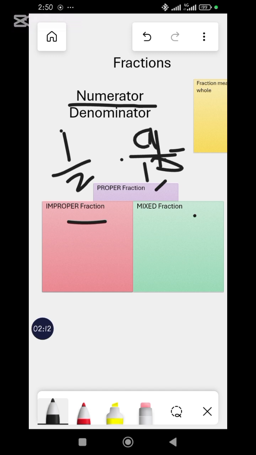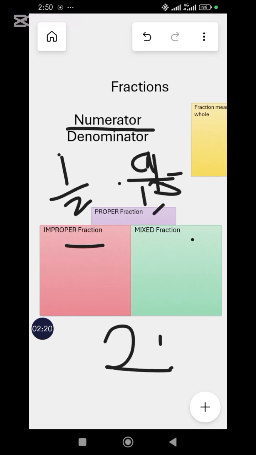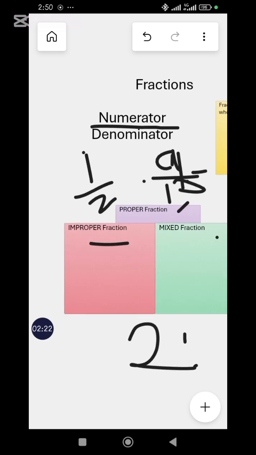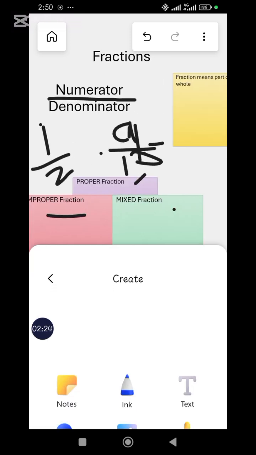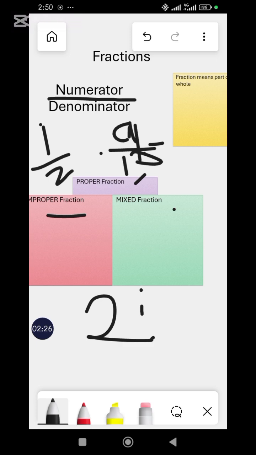So when you see a number like this, you have like 2, and this fraction comes here like this. Now this is a mixed fraction. You have a whole number and a fraction, so that's why it's called mixed fraction.